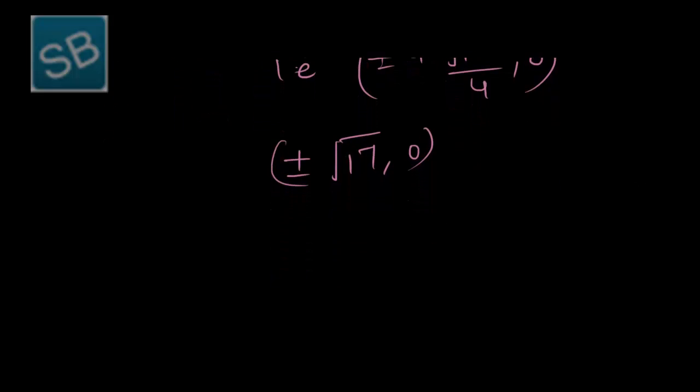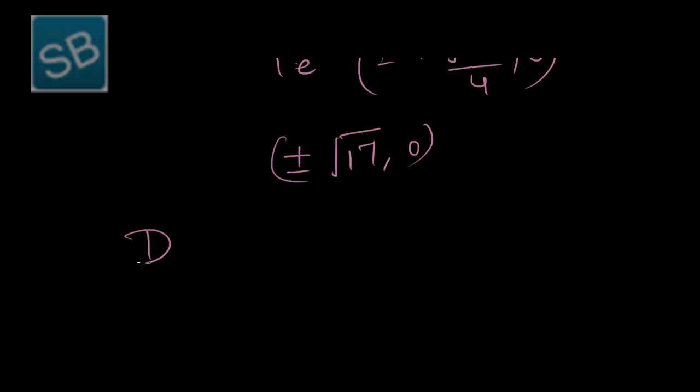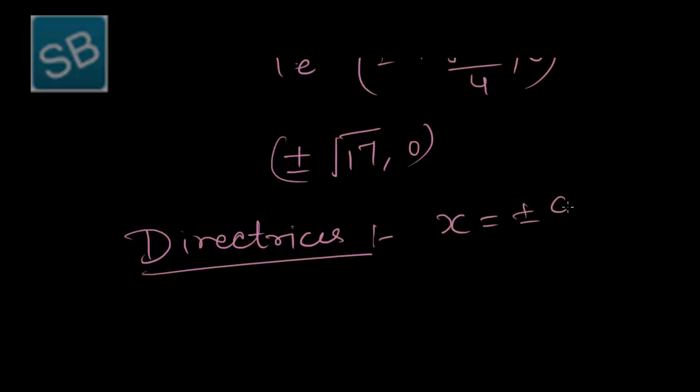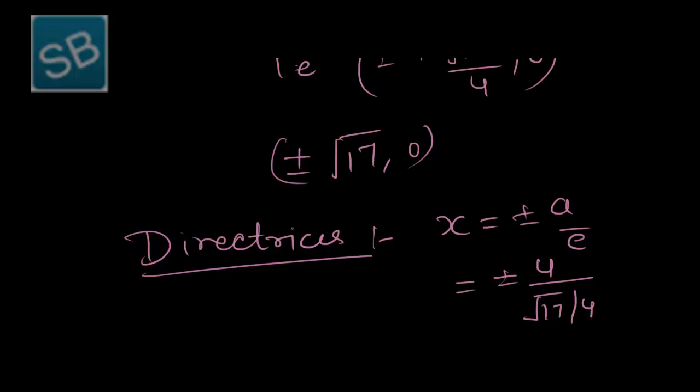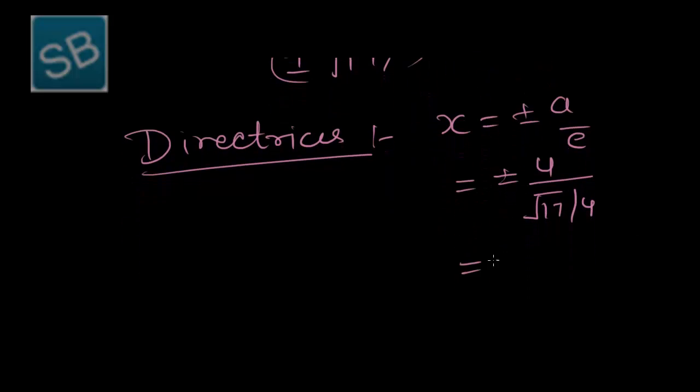Now we have to find directrix. So directrices are x is equal to plus minus a over e, that is plus minus 4 over under root 17 over 4. That gives plus minus 16 over under root 17.